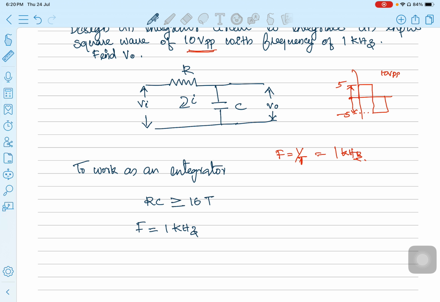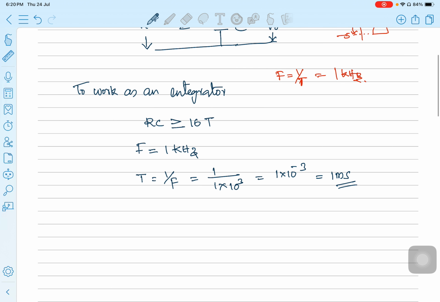I can calculate the time period T equal to 1 by F, equal to 1 divided by the frequency, which is 1 kilohertz, that is 1 into 10 power 3 hertz, and it becomes 1 into 10 power minus 3, that is equal to 1 millisecond. So the time period is 1 millisecond, and the time period is the complete cycle.